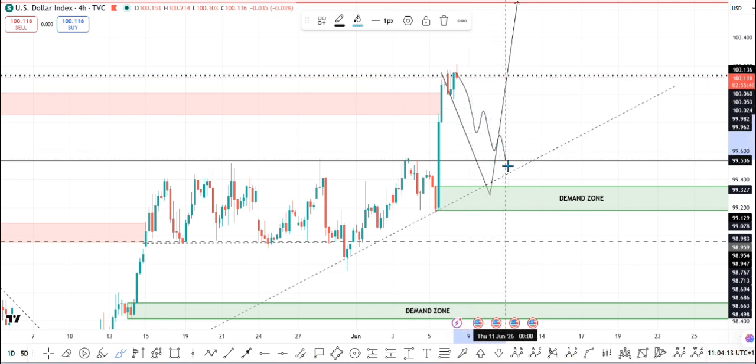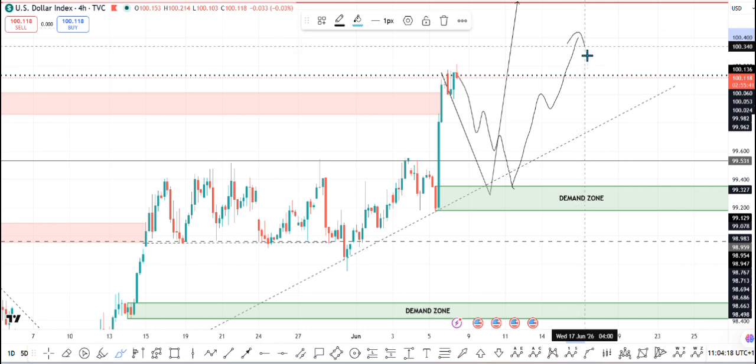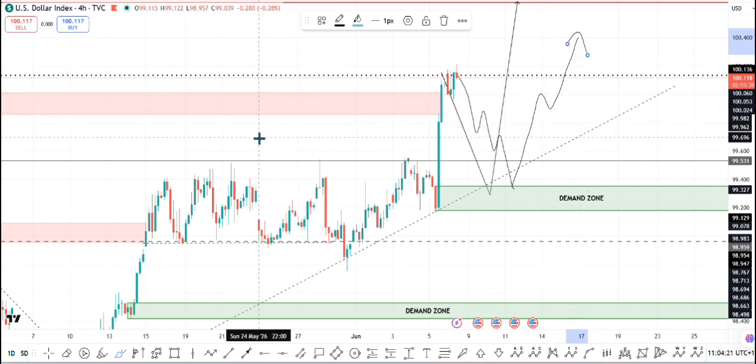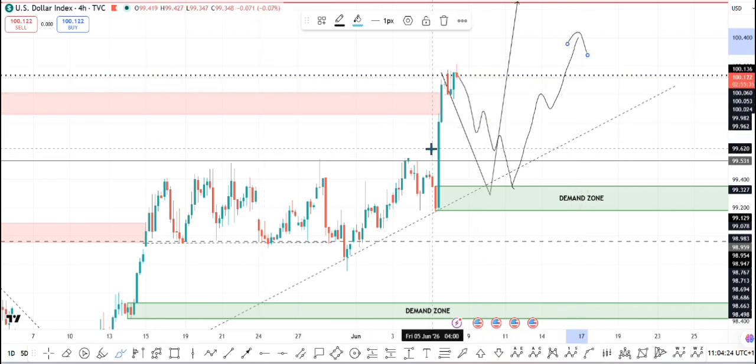The price of the dollar index will drop into this zone, and then the markets will rally back. So with this in mind, you can know where to locate trading opportunities for Euro USD.